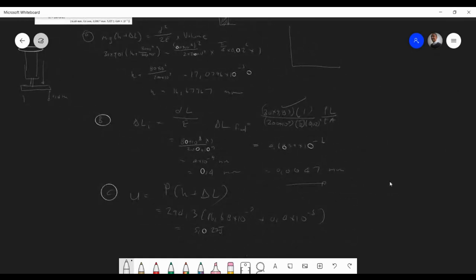Can we do the same thing over here? You think we get the same answer? We just have to change the extension there to 0.0047. Do we get the same answer? Let me just quickly see. What's the answer for the next one?